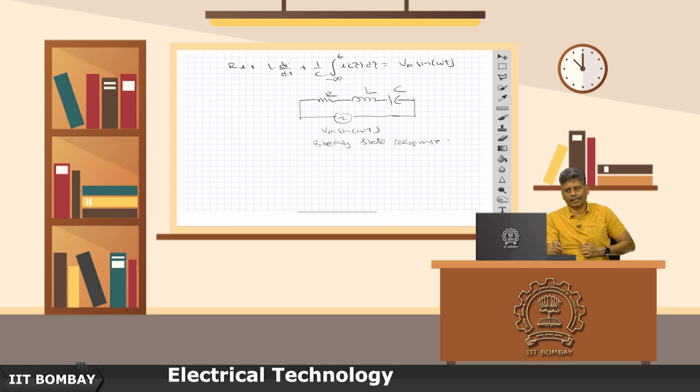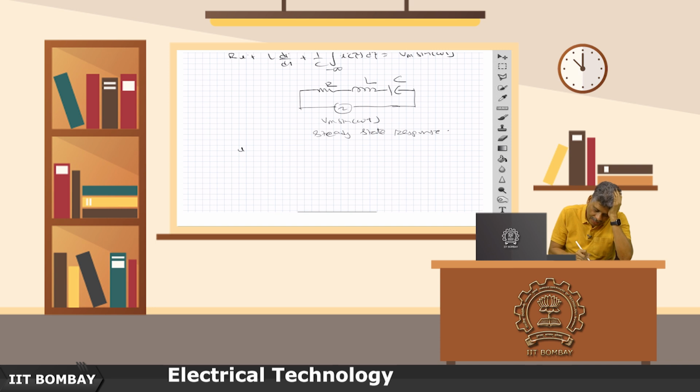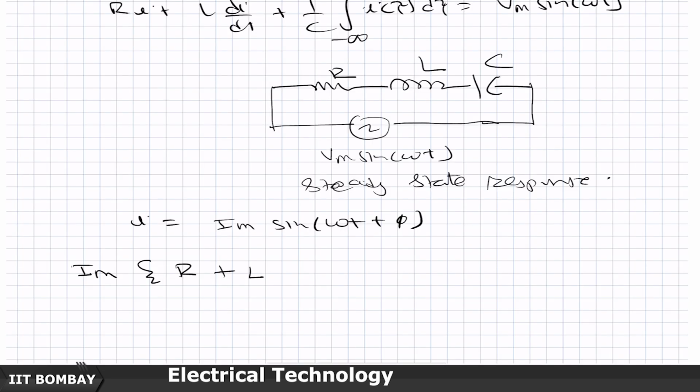We said that we can take i to be equal to Im sine of omega t plus phi, and we showed in fact that this fits the bill. So when I substitute this here, I can take Im common and write this as R plus L di by dt. The derivative of sine of omega t plus phi is omega cos of omega t plus phi.